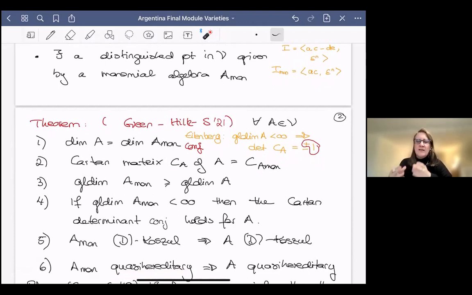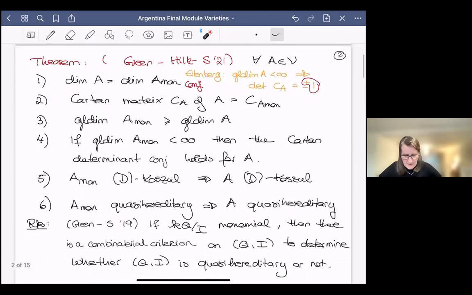You don't necessarily easily see whether the algebra is quasi-hereditary or not, because the definition is a little bit involved, but it is quite easy for monomial algebras to determine. And if we know that the monomial algebra is quasi-hereditary, then all algebras in a variety are quasi-hereditary.